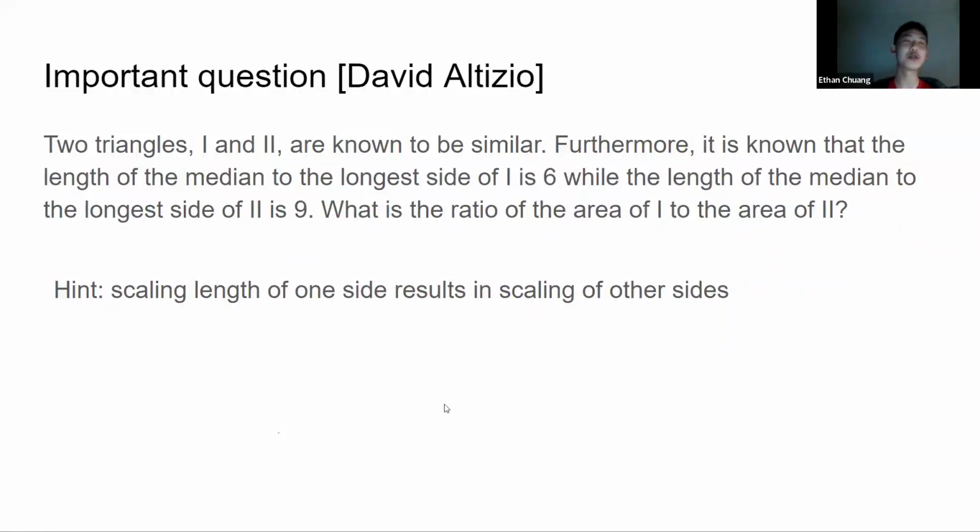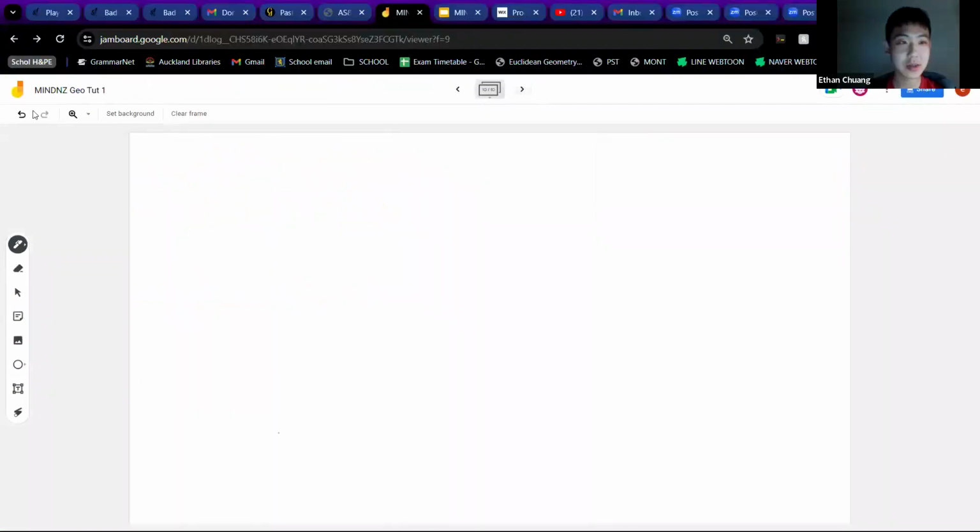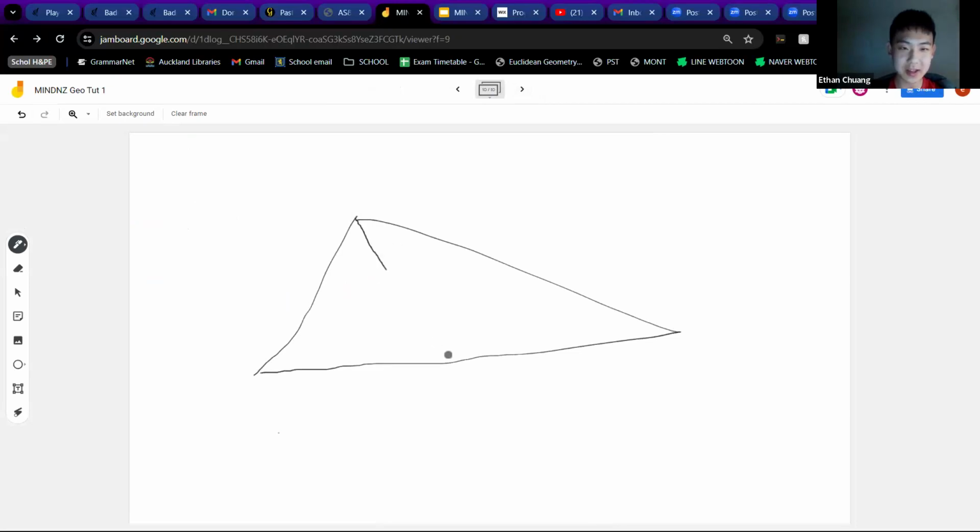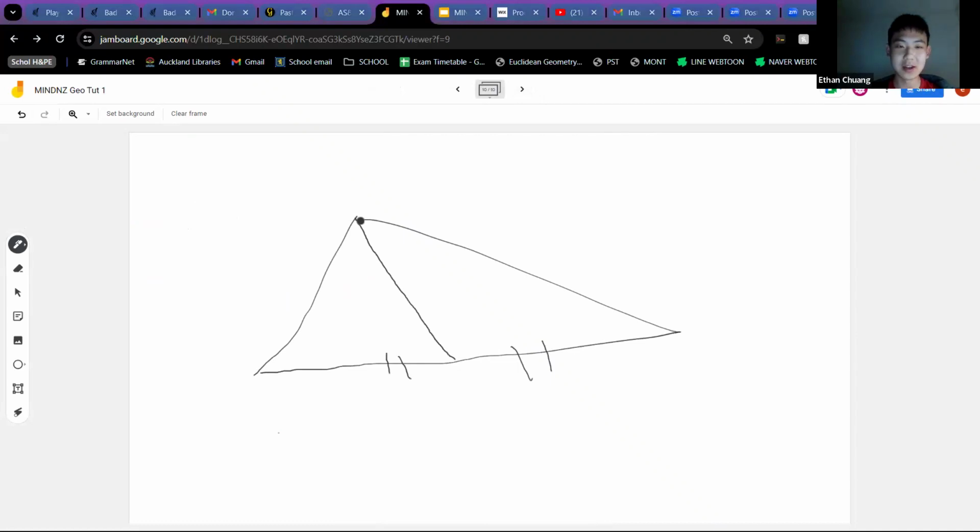Let me just get a new one. So we have our triangle. The median is from here, and splits this line in half. That's the median, this thing right here.